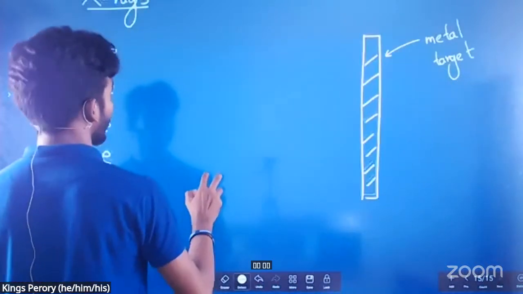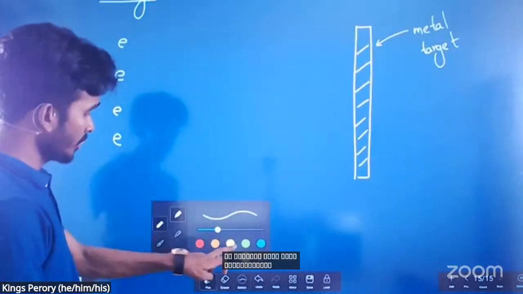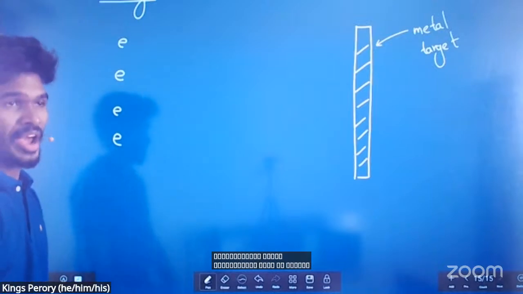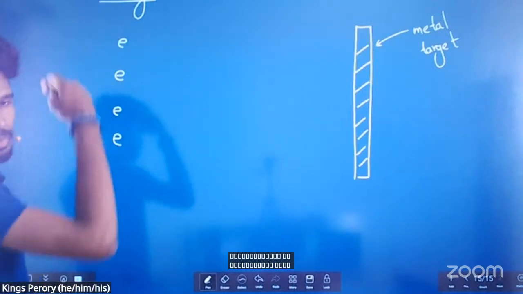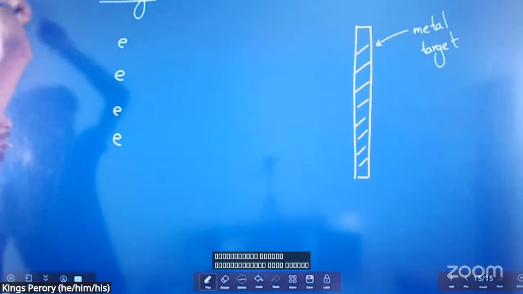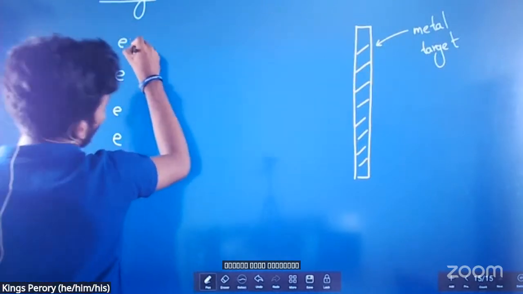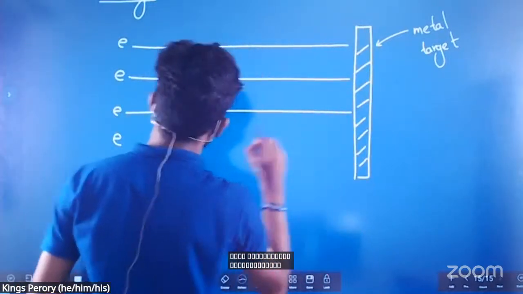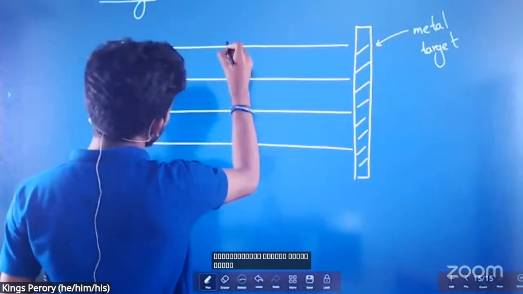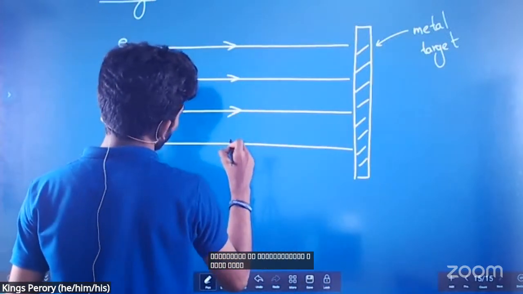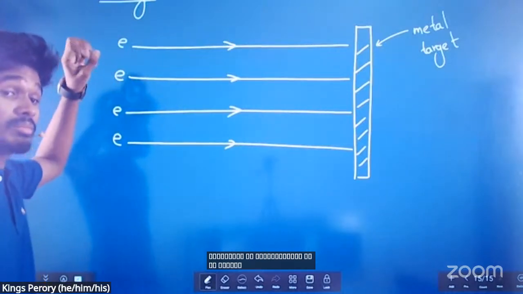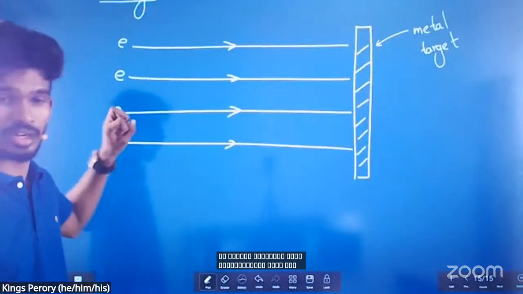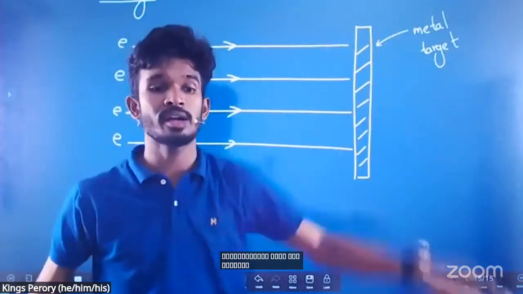They kept it in front of this electron, and then accelerated the electron to a very high speed and bombarded those electrons on the metal target, at a very, very high speed. Bombarded means colliding. They made that electron go and collide on the metal target.